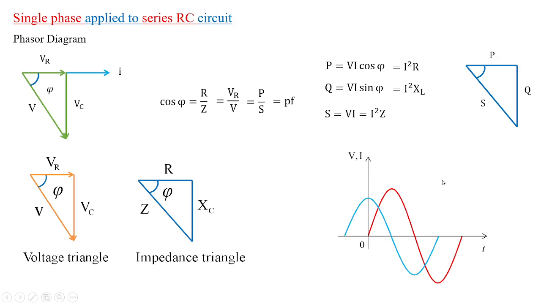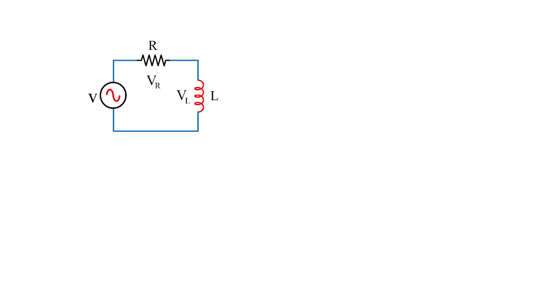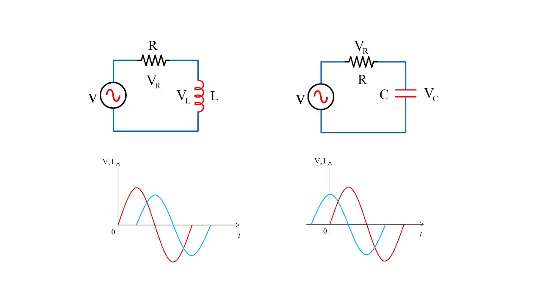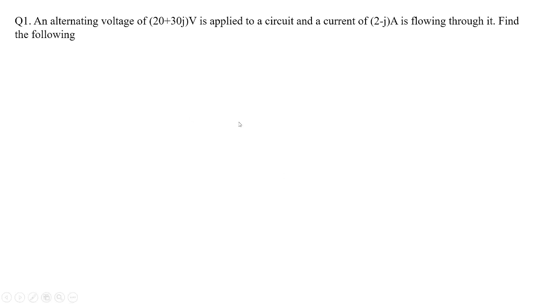If you look into the numericals to understand it better, I have the analysis of the RL waveform and circuit in this form, and the RC waveform in this form. I'll apply this to a problem where an alternating voltage of 20 plus 30j volts is applied to a circuit, and the current flowing in the circuit is 2 minus j amperes.